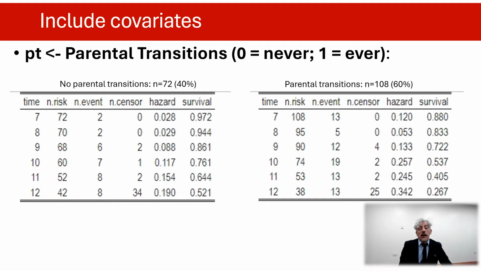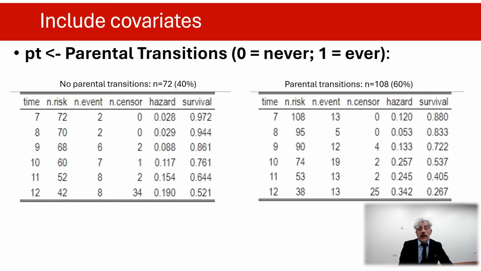And here I show the life tables for the two groups. The 72 adolescents who had not experienced parental transitions before grade 7 and 108 that did experience these transitions. In the material online, you can find the R scripts that I've used to create these tables and the rest of outputs that I will show in this presentation.